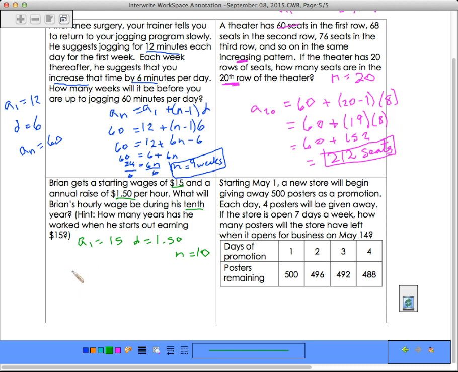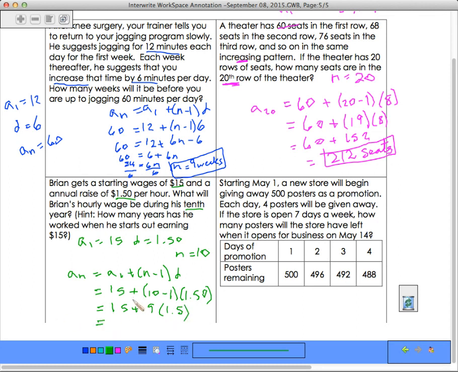So we're going to start. A sub n equals A sub 1 plus n minus 1 times D. A sub 1 here is 15 plus 10 minus 1 times $1.50. So making sure we simplify in our parentheses, that's 9 times $1.50. Or you can just put 1.5.